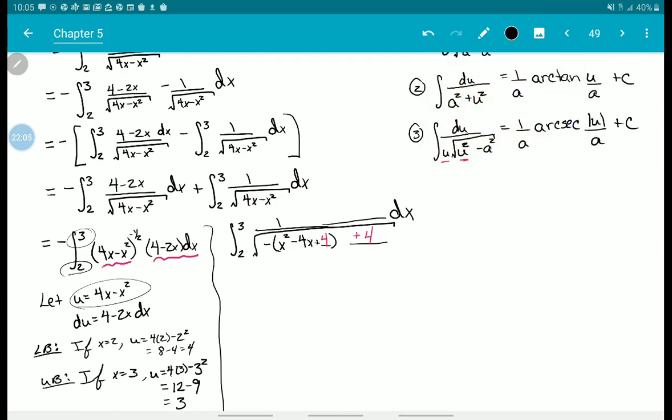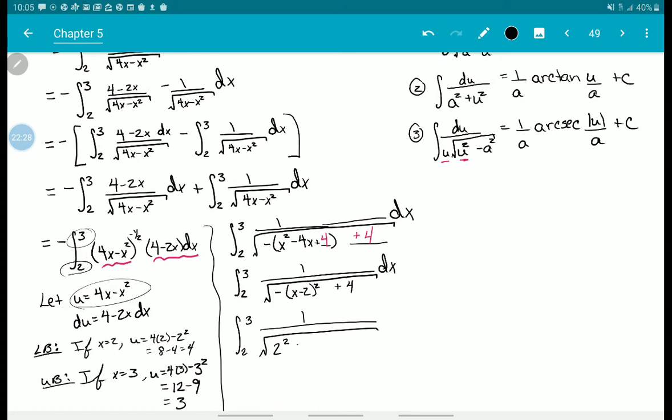So now this guy's going to factor. So this is negative x minus 2 squared plus 4. And then we can rewrite that. 4 is the same thing as 2 squared.